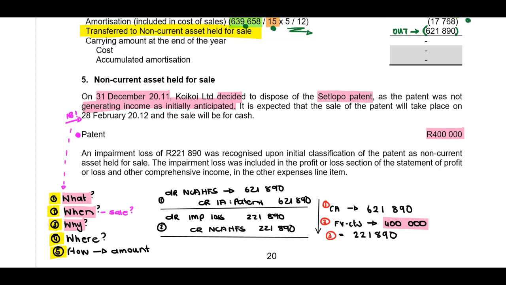An impairment loss of 221,890. The amount was recognized upon initial classification of the patent as a non-current asset held for sale. Then, the impairment loss was included in the profit or loss section of the statement of profit or loss and other comprehensive income, in the other expenses line item. Again, why other expenses? If you look at the nature of the business, it's to manufacture. And this is our patent.